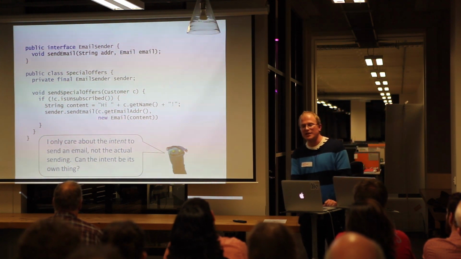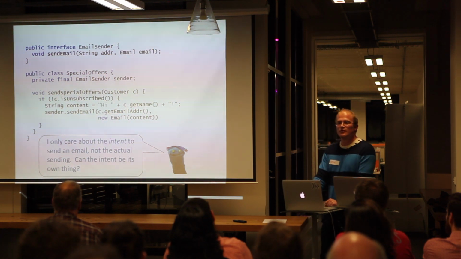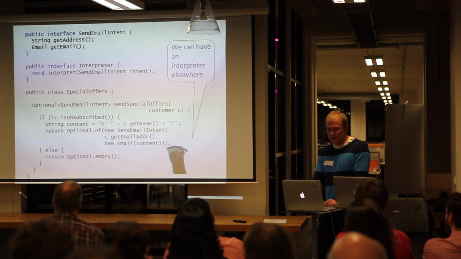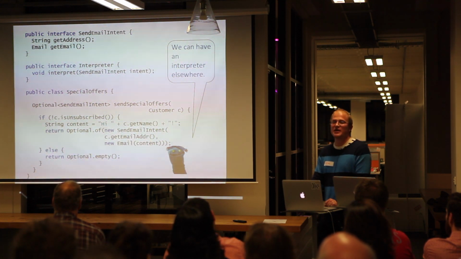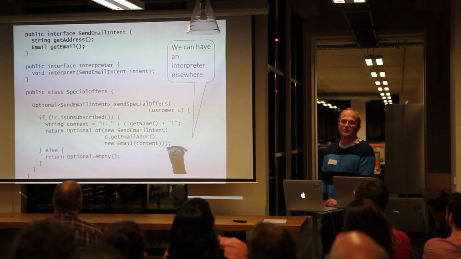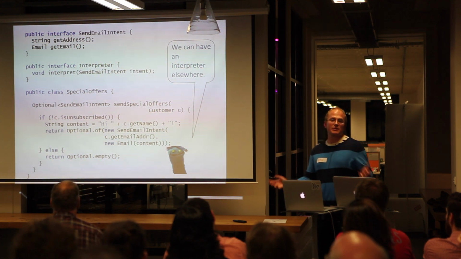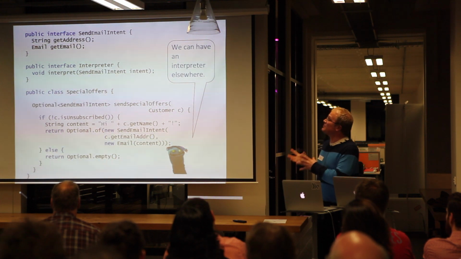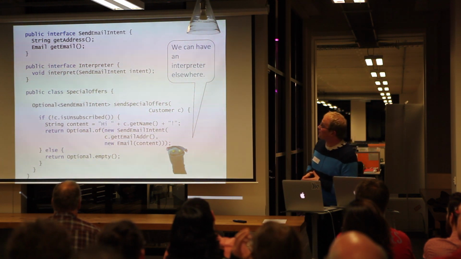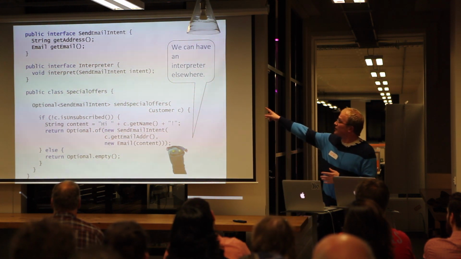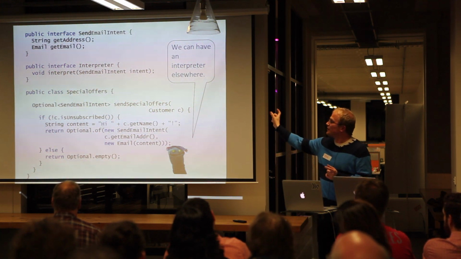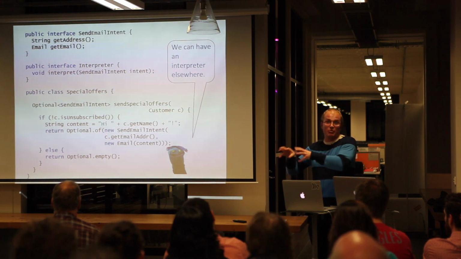And so why can't that intent be its own structure? We can actually call that a thing and return that instead. There's many ways to do this, and this isn't necessarily the best way. But for argument's sake, we could have a structure called send email intent, and an interpreter in some other part of the code that, given the expression of an intent to send an email, actually performs the effect.